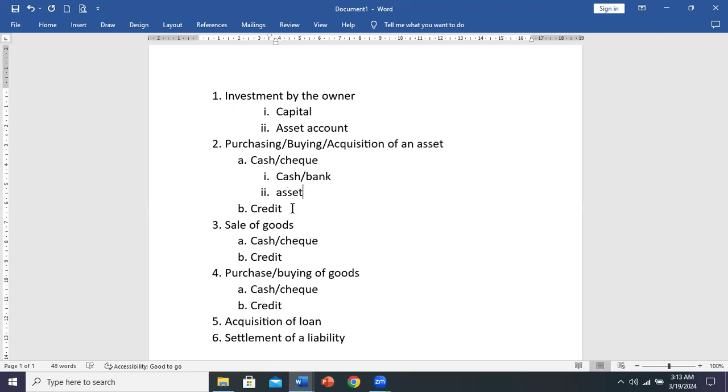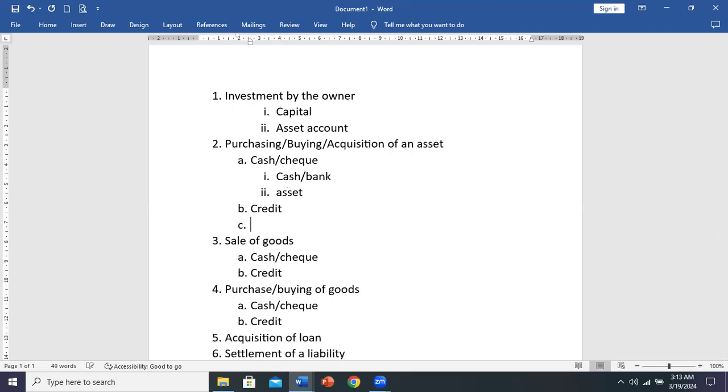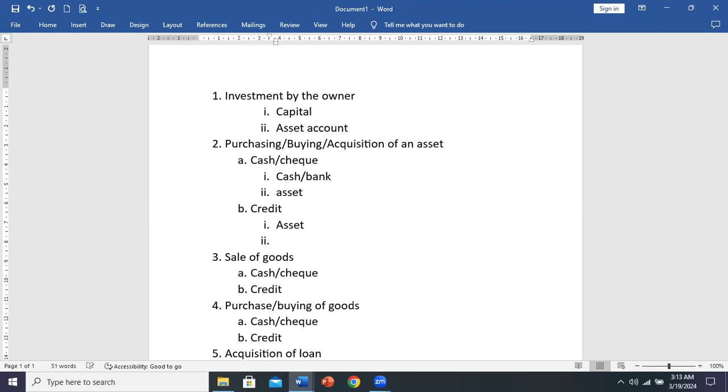If we bought the asset on credit, we are still going to have the asset account and then have the creditor, the one who we bought the asset from on credit. So the creditor for the asset.